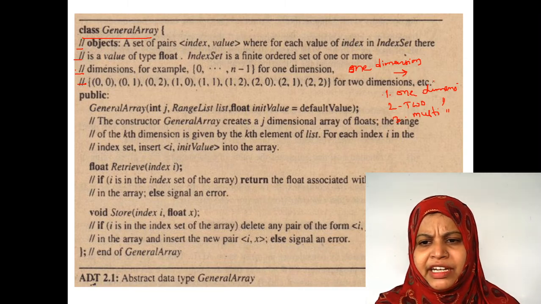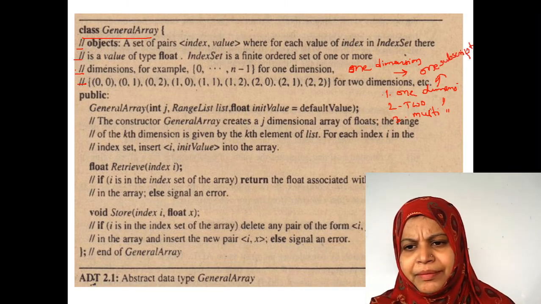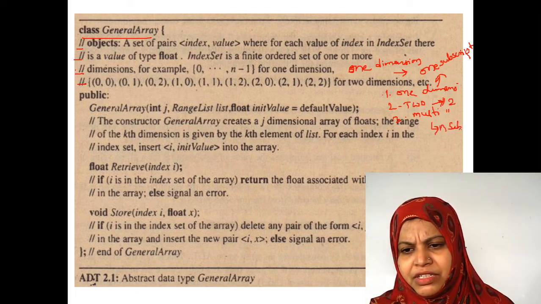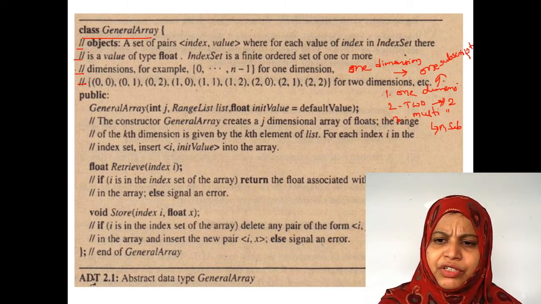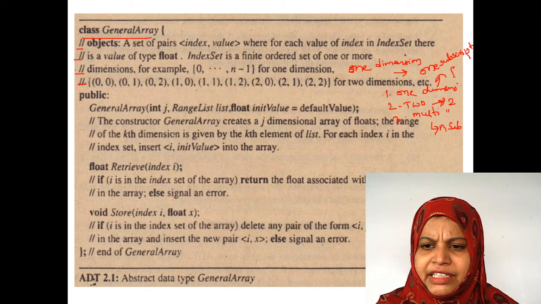In a one dimensional array we are going to use only one subscript. In a two dimensional array we are going to use two subscripts. In a multi-dimensional array we are going to use n subscripts. One subscript means we are going to use only one index value.